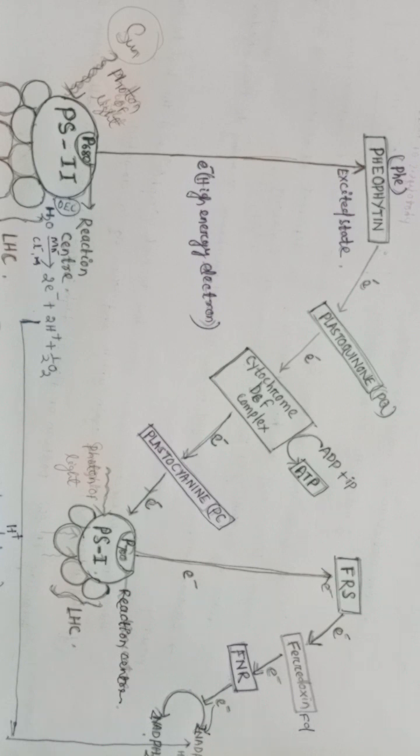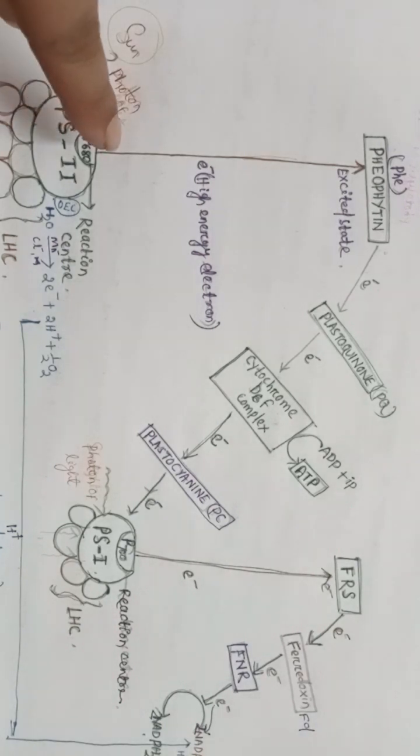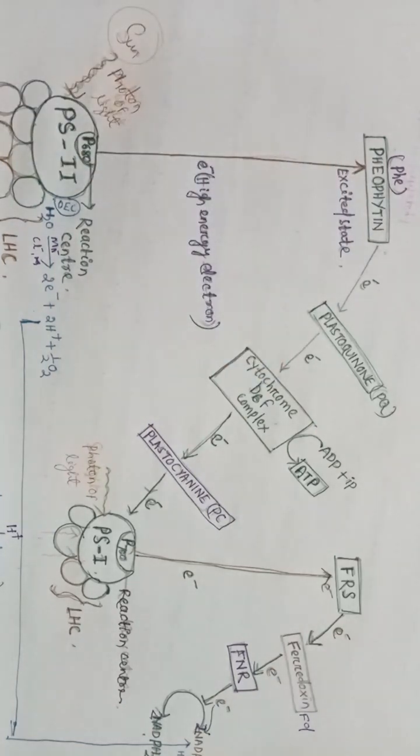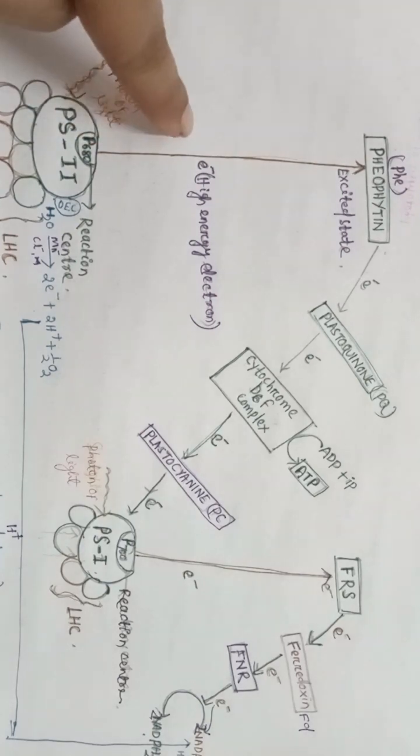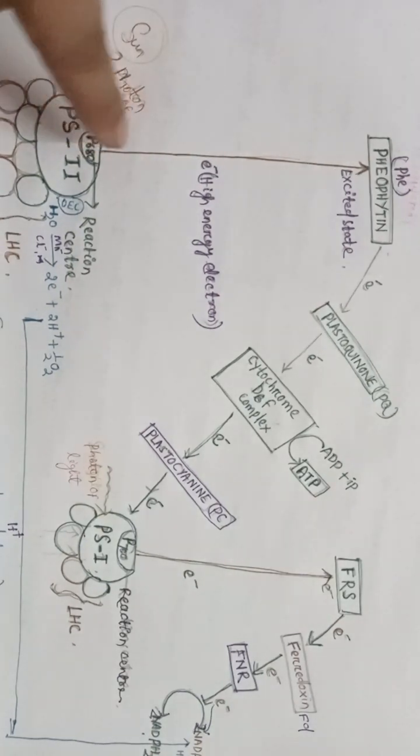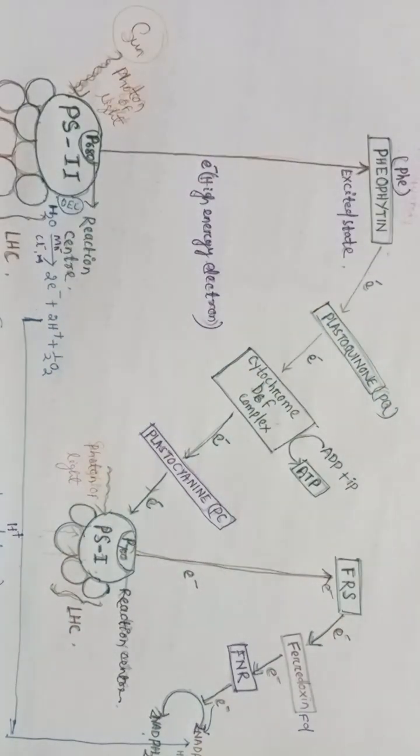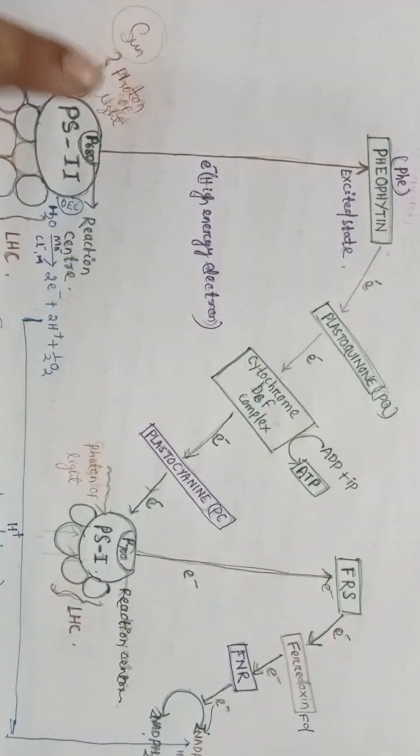Okay, so the flow of electron, now see here, the electron which is expelled from the reaction center of photosystem 2 cannot be returned back to its original place.